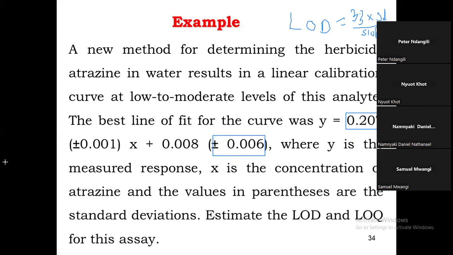I explained when I showed you that a blank measurement is going to be at x is equal to 0, which is the y-axis, and any point there is going to be a signal at 0 analyte concentration, which is actually our y-intercept. Therefore, this is what you are supposed to have, and for LOQ, you are using 10.